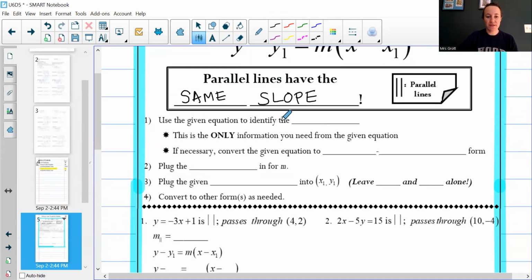What we want to do is use the given equation to identify the slope. This is the only information that we need. If need be, convert your equation into slope-intercept form.